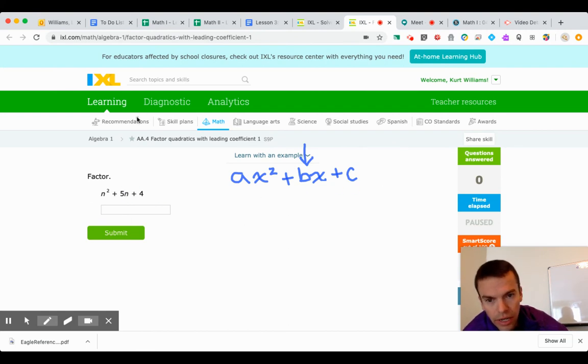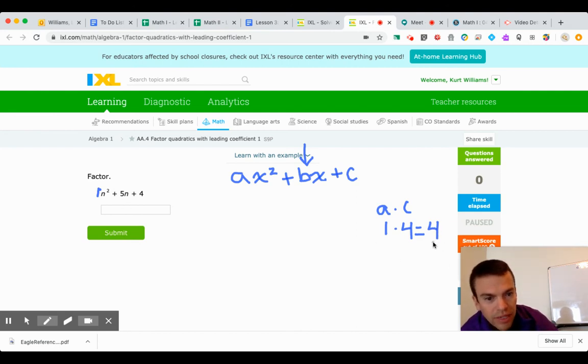So a times c is 1 times 4, because there's a 1 here and a 4 in the c spot. That's just 4. So I need to find factors of 4 that add up to 5.